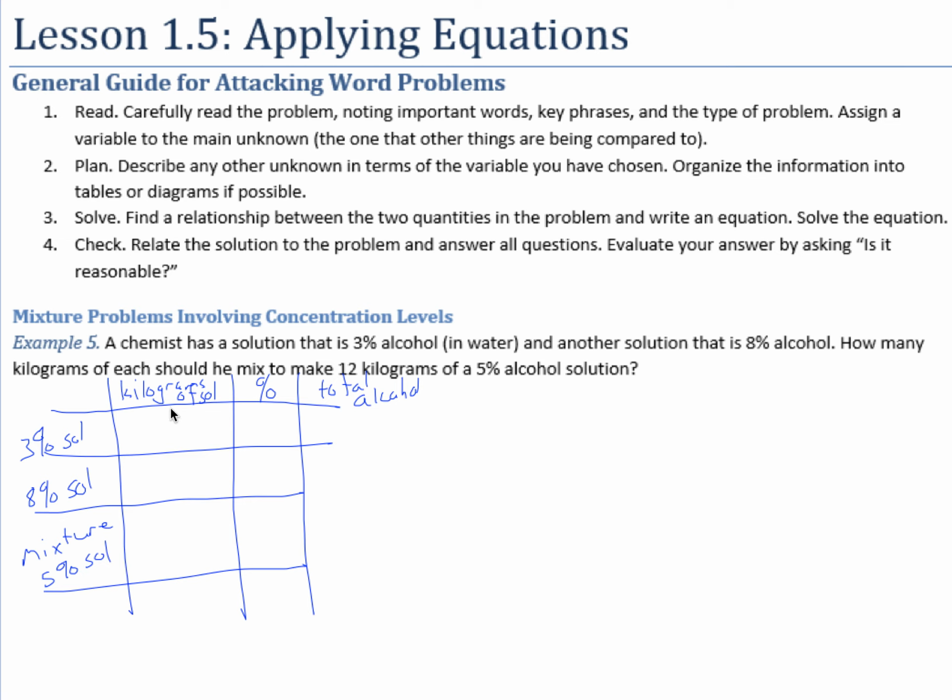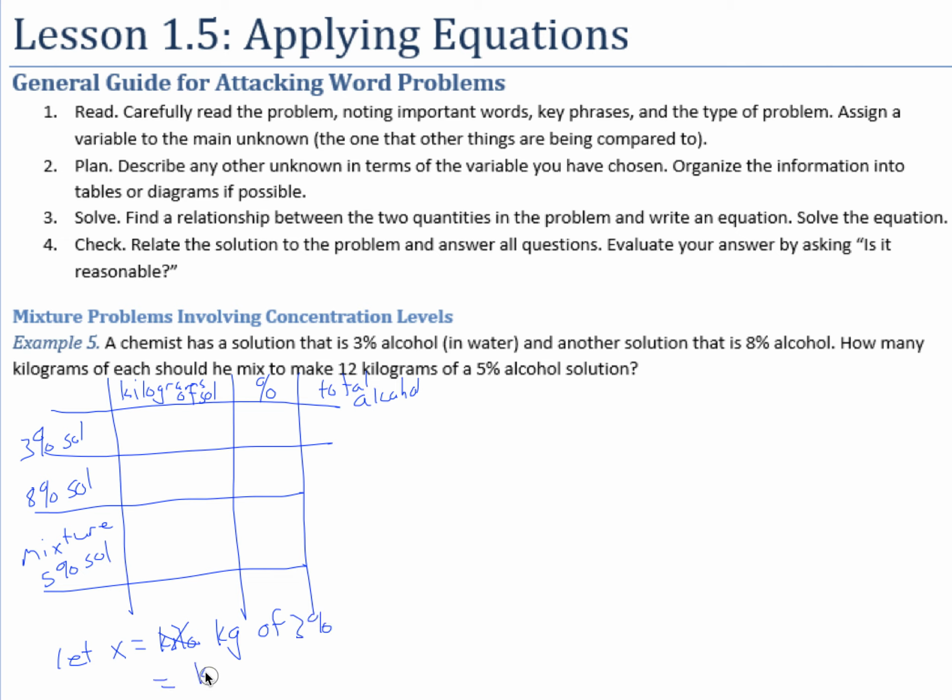Well, we don't know these two right here. Kilograms of each of the solutions, and so those are unknowns. Again, there's not one that's being compared to, so we can go ahead and let x equal the kilograms of the 3% solution.